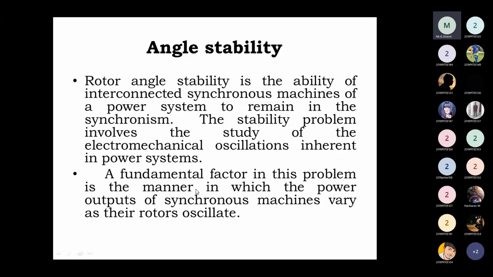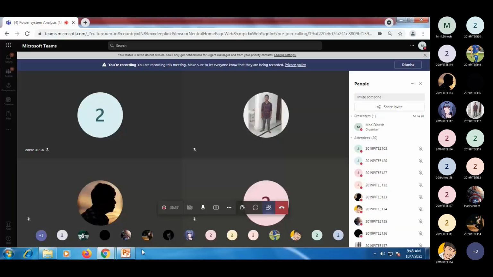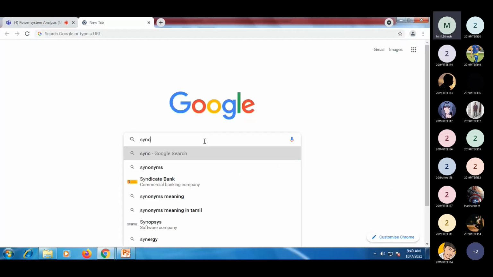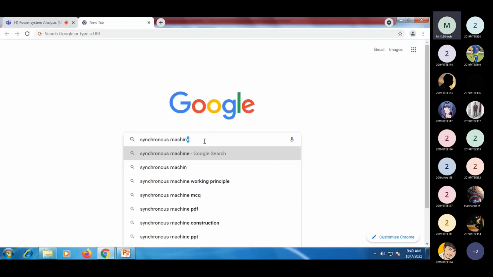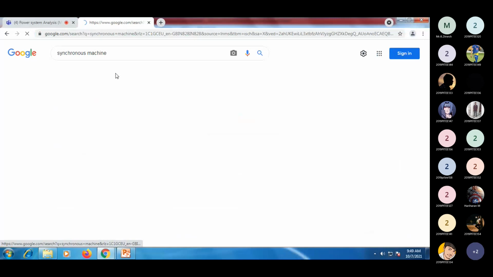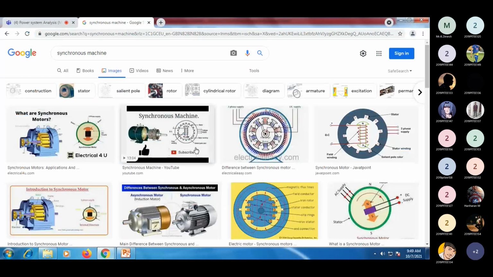And the second one is the fundamental factor in this problem, in which power outputs of synchronous machines vary as the rotor angle shifts. So I hope you people are aware of the synchronous machine. You have a dumbbell rotor.